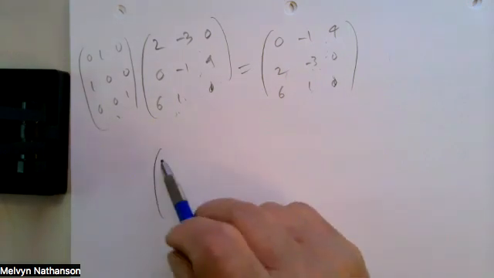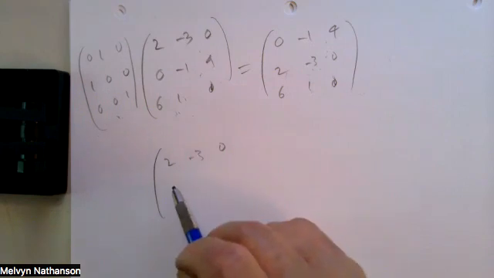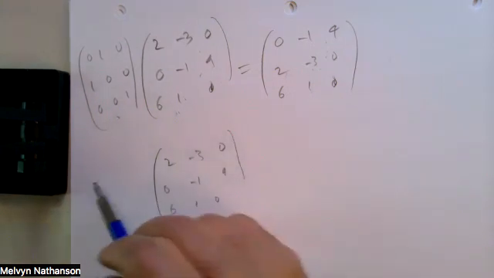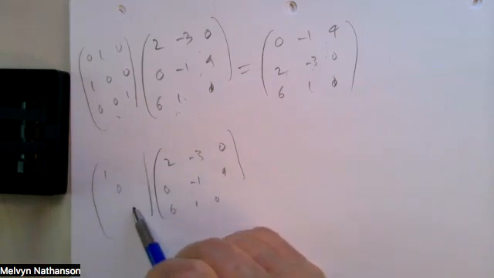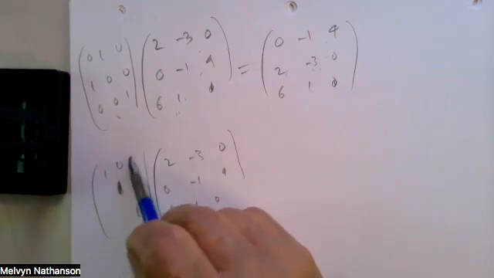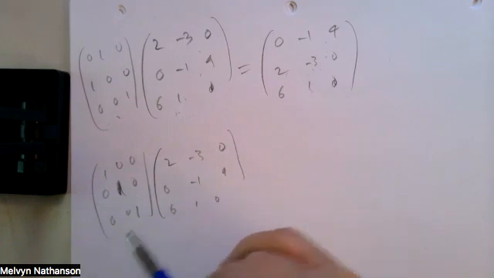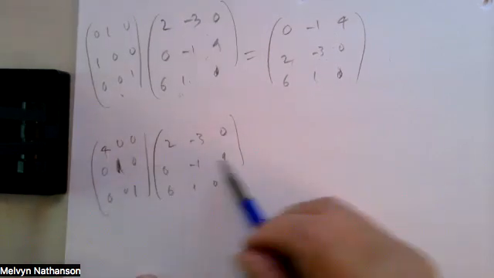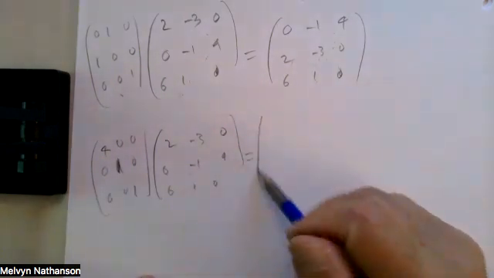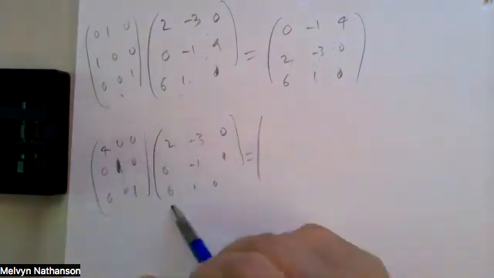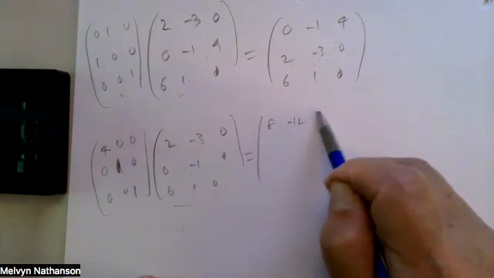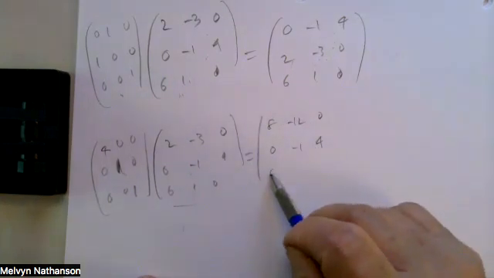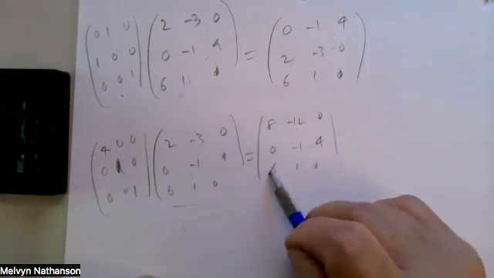Like if I take 2 minus 3, 0, 0 minus 1, 4, 6, 1, 0, and I take the identity and I multiply, let's say, the first row by 4, and I multiply this times this. I multiply the first row of this matrix by 4, and I don't change anything else.